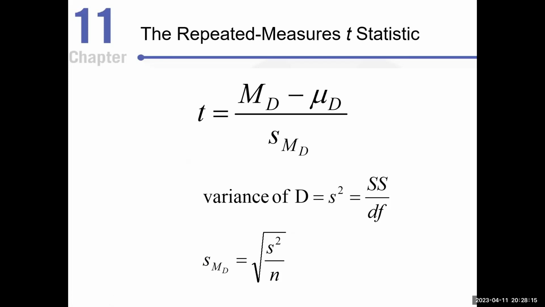You're also going to have to calculate the variance of the difference scores, which is sum of squares over the degrees of freedom. And the last thing you'll have to compute in order to get your t statistic is the estimated standard error of the mean differences. We'll walk through each of these. Again, very similar to what we did in chapter 9, and we'll cover a few more examples when we get to class on Wednesday.